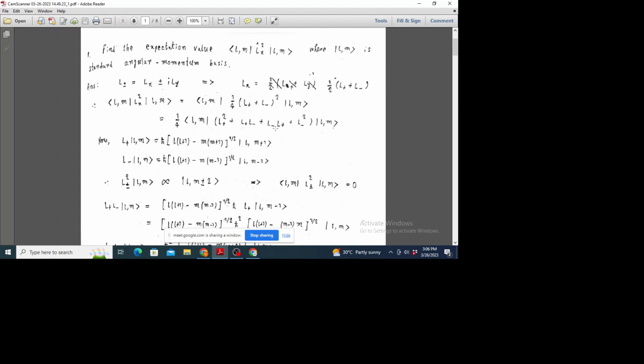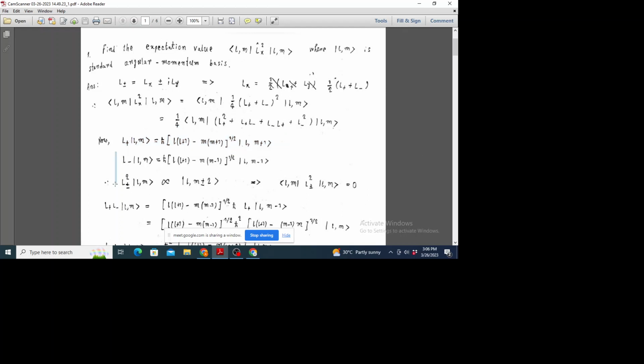Then what to do now? We know how these L plus and L minus operators act on the ket |l, m>. The action of L plus is given by this. L plus increases the Lz eigenvalue by 1 unit but keeps the L squared eigenvalue the same.